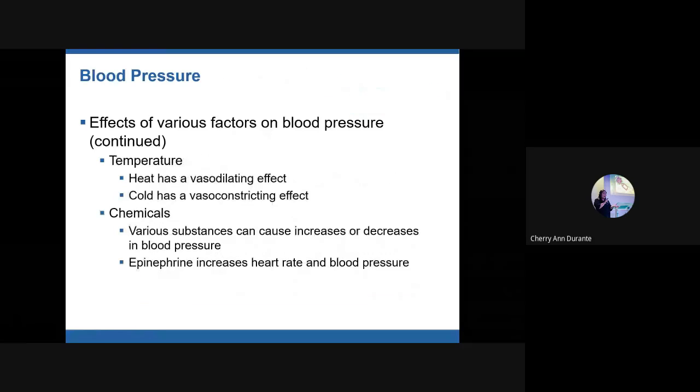Temperature: heat has a vasodilating effect, causing a decreased BP, while cold has a vasoconstricting effect, which increases your blood pressure. As for chemicals, different chemicals increase and decrease BP. It depends on that chemical or that medication. Pag mga SNS stimulants like adrenaline, it increases your blood pressure and also increases your pulse.